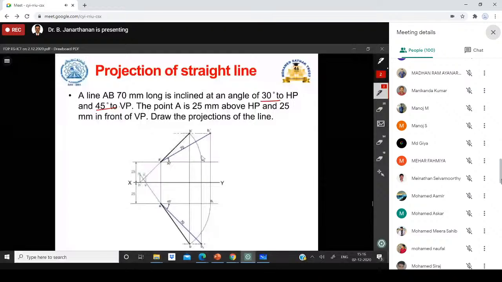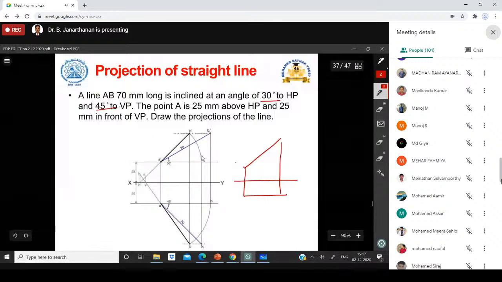Assume that it is inclined only 30 degrees to HP and parallel to VP. So the projection will be, if you draw this, a 30-degree inclination, and as we have assumed parallel to VP, we will draw like this. If you take this end as A, and this end as B, because this is not the final projection, I will use B1.